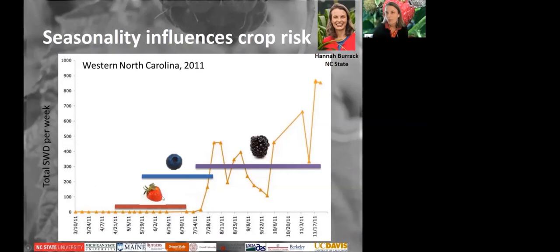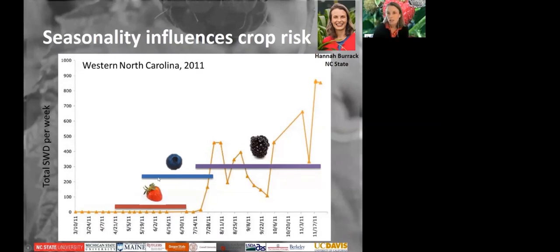And therefore crops that ripen and are harvested during these periods of the year, strawberries, for example, in spring, and some blueberry varieties that are harvested in the early part of summer, escape some of the larger population pressures that we experience later in the year, when for us, caneberries are primarily harvested.